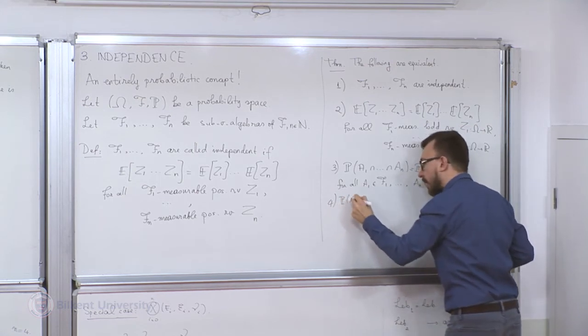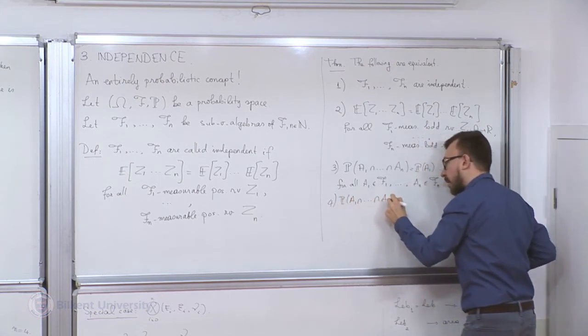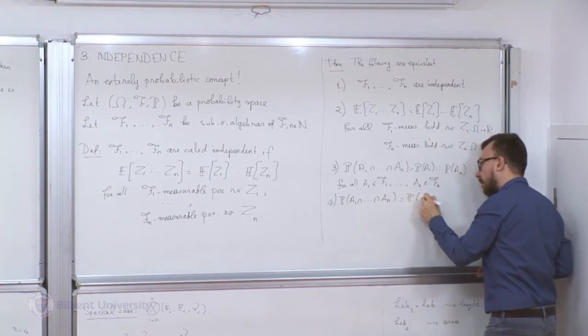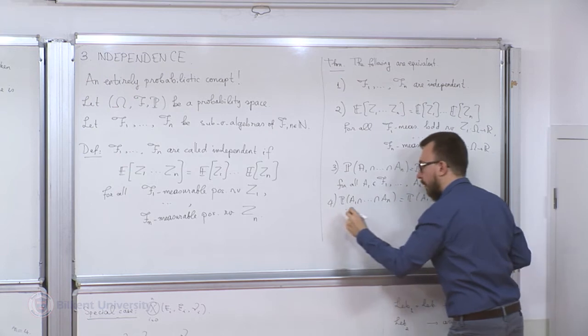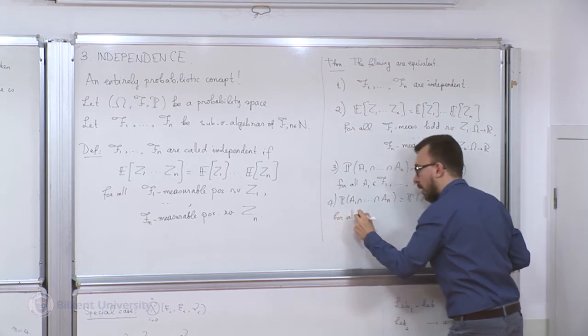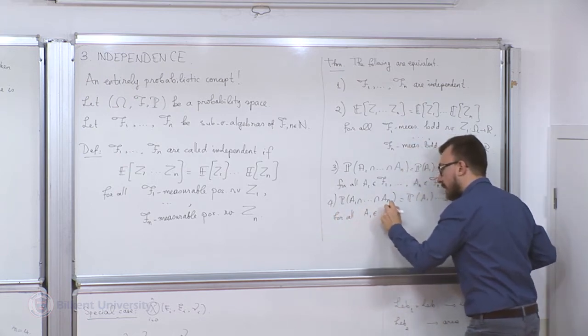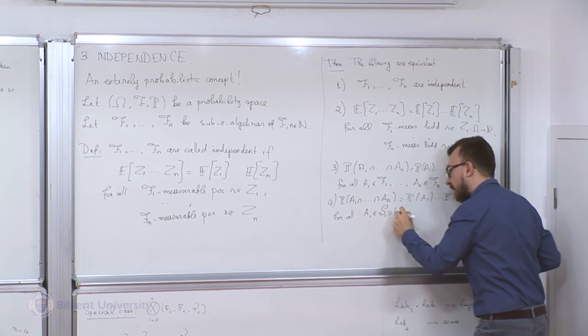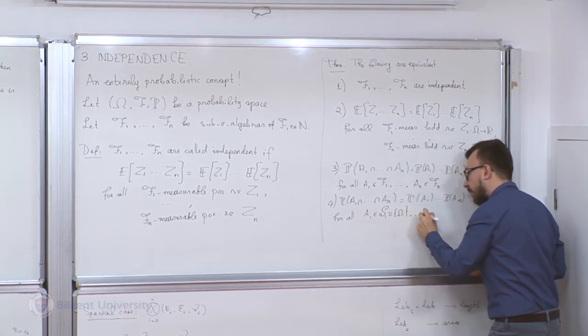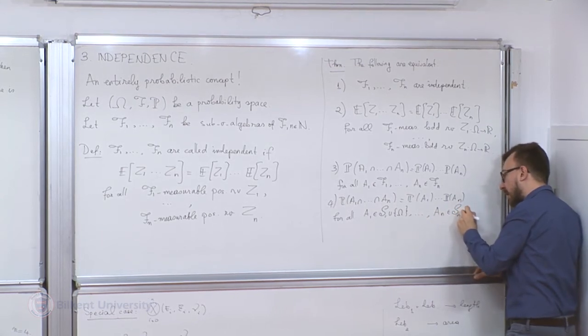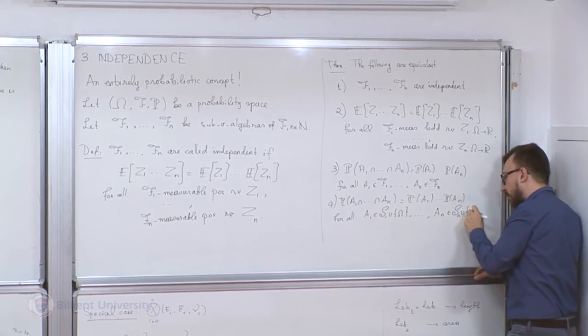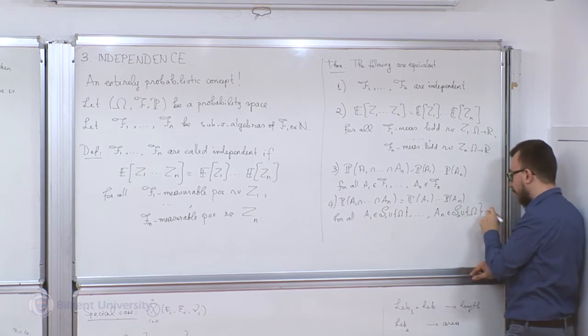So let me write it this way. So for all A1 in some pi system that generates the first sigma algebra, and some pi system that generates the last sigma algebra. And we also need to consider the full space.